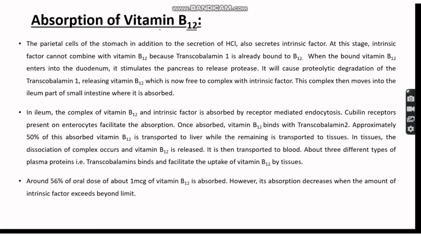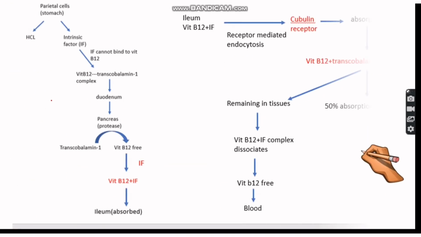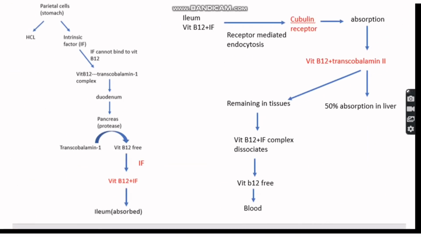So how does absorption of vitamin B12 occur? As I've told you, the parietal cells in the stomach will release HCl, which will convert pepsinogen to pepsin, which will then undergo proteolytic cleavage and release the vitamin B12 from its protein part.